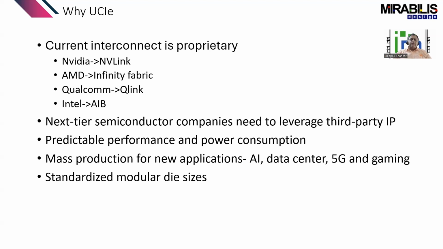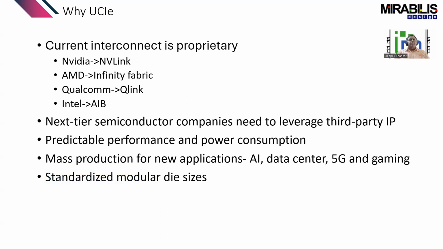The areas where these are very applicable are gaming, data centers, 5G, AI, and also, as I was showing you, a lot of space-based applications as well. Now, one of the things that also happens, and this is a very critical aspect, is that you can potentially create standardized modular die sizes. Why is this important?